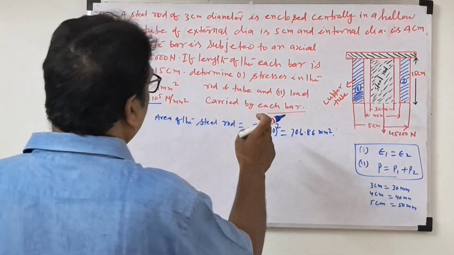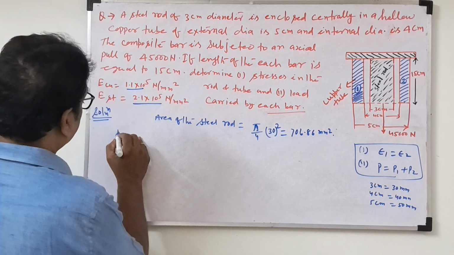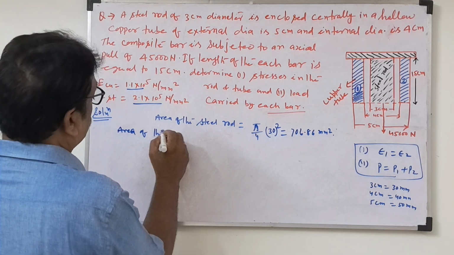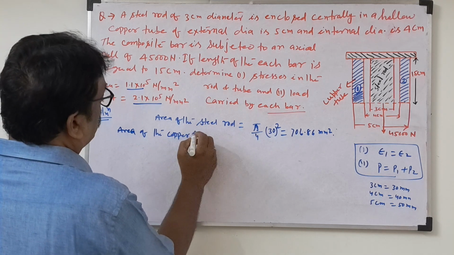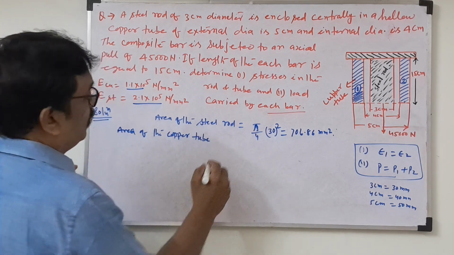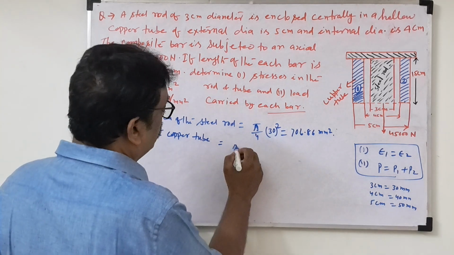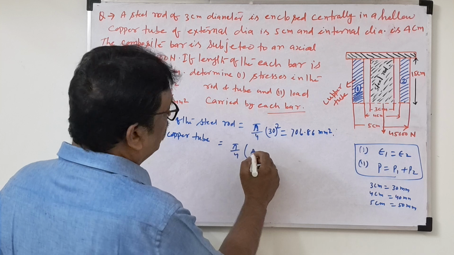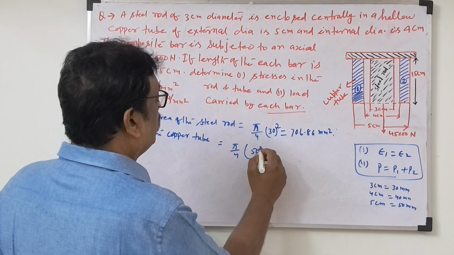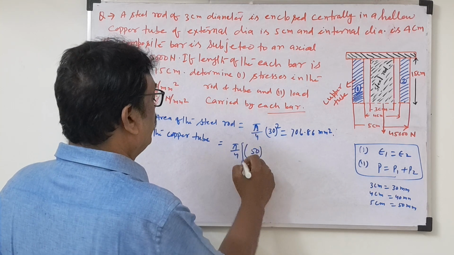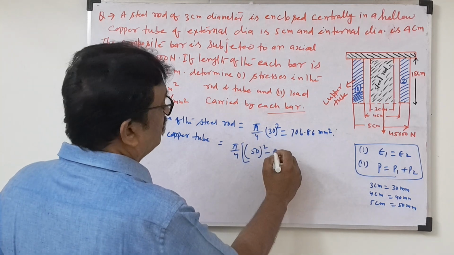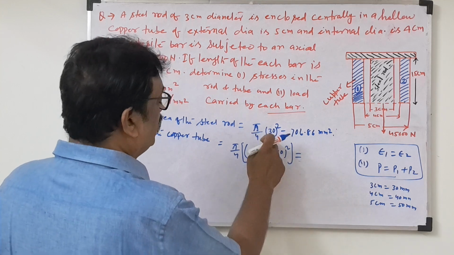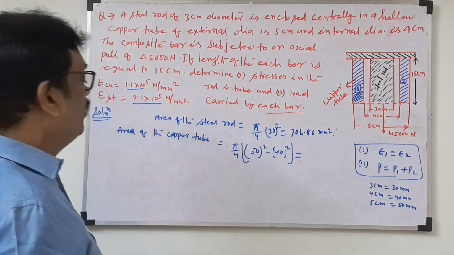Now the area of the copper tube. This is a hollow section, so you take pi by 4 common, then outer minus inner. Outer is 50. So we can write pi by 4 times 50 square minus 40 square, that is pi by 4 times (D square minus d square), external minus internal.